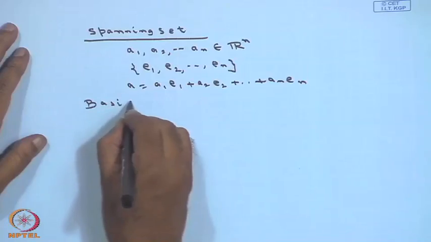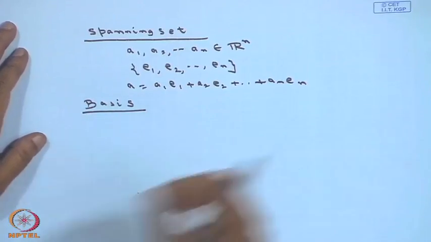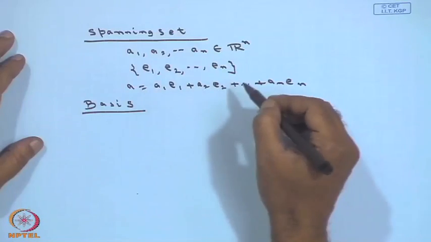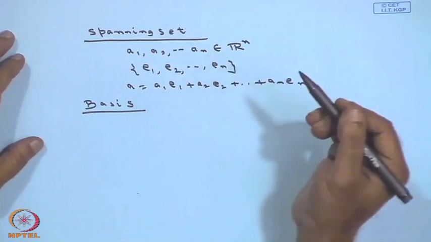Next comes the basis of a vector space. A basis is a linearly independent subset of vectors which spans Rn, which spans the vector space. In our earlier example, e1, e2, ..., en is a basis of Rn.